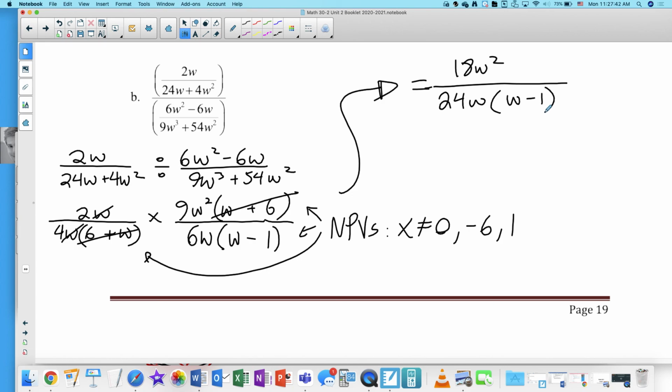And at this point, we can say, well, what's 18 over 24? 3/4, yeah. What's w squared over w? w in the numerator, yeah. And then nothing cancels with that. That's what we have.